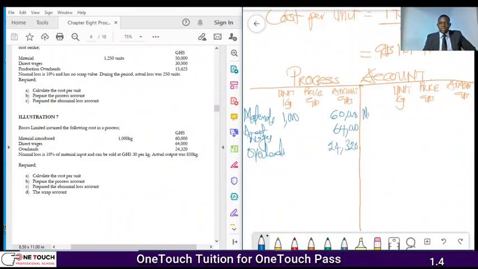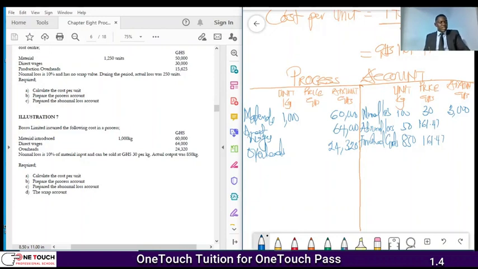We have our normal loss of 100 kg at 30, giving us 3,000. We have abnormal loss in the process of 50, valued at the cost per good unit, that is 161.47. Then we have our finished goods, which is 850, valued at 161.47 as well.